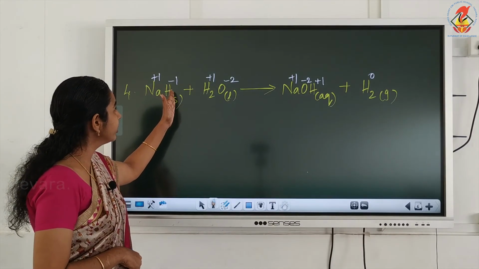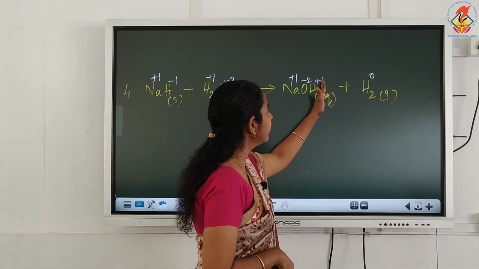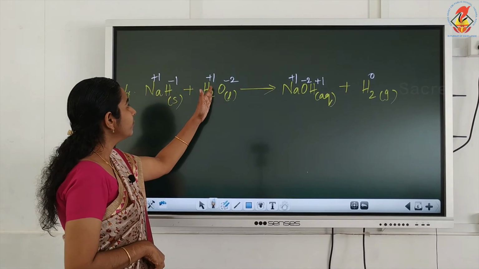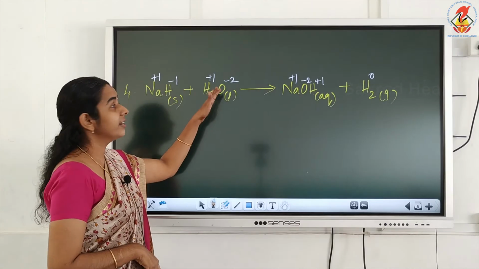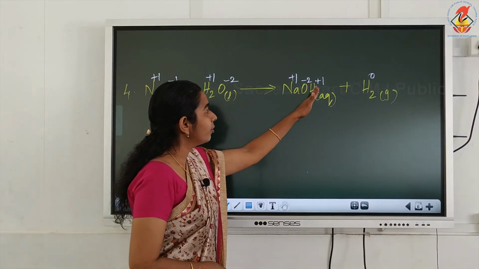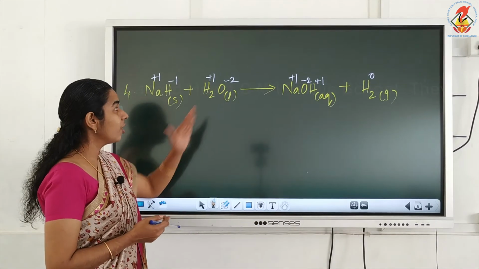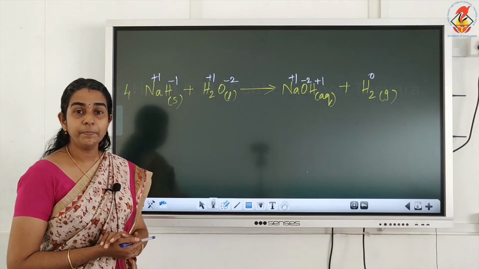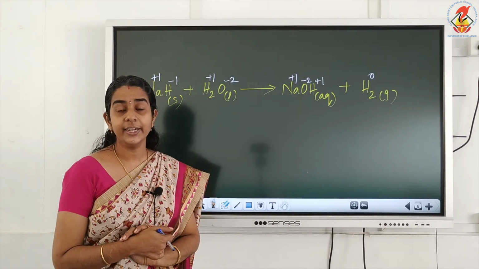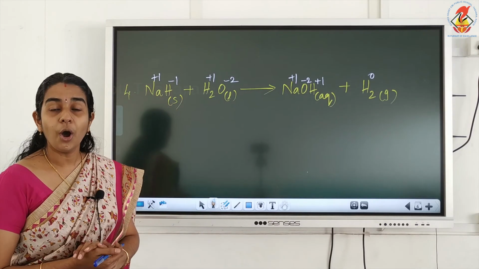Here hydrogen is in -1 oxidation state, here it is +1, and in one more case it is 0. On the right hand side we have +1 and 0 oxidation state. Oxygen also, when we compare, we can see that in the left hand side and in the right hand side there is no change in oxidation state for sodium and oxygen.